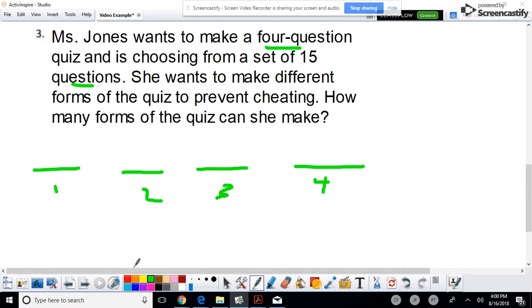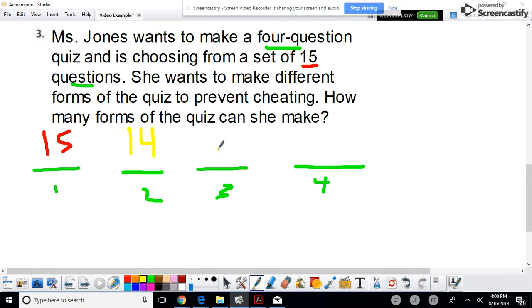Now, for the first question, we have 15 different questions we could choose from. We're not going to use all of them, right? Because there's only 4 questions, but we have all 15 at our disposal. Now, the second question is going to be a little different because now we don't have 15 questions to choose from. Why not? Because we used one already. So that means number 2 only has 14 options.